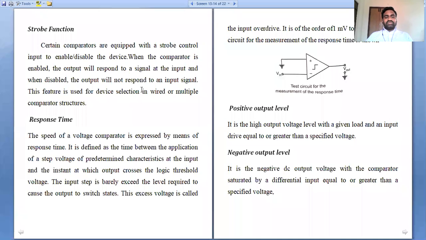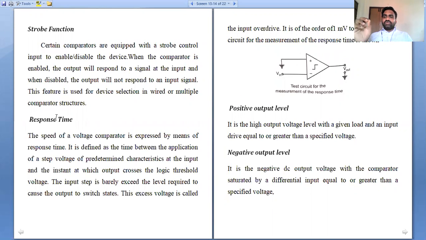Okay, so response time, the fourth characteristic of a comparator, is response time. The speed of the voltage comparator is defined with respect to response time. How can we define the speed of the comparator? Depending upon the time of usage of the particular comparator, at any particular instant of time, how much time the comparator took to respond with respect to the input.